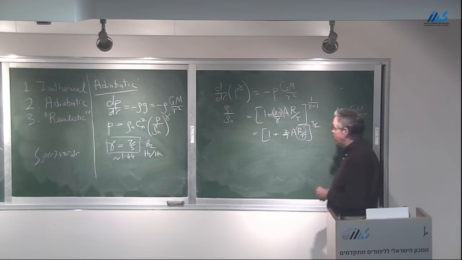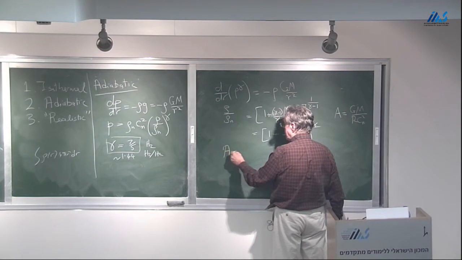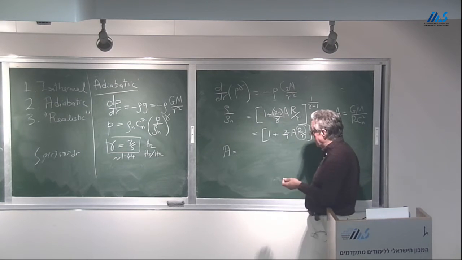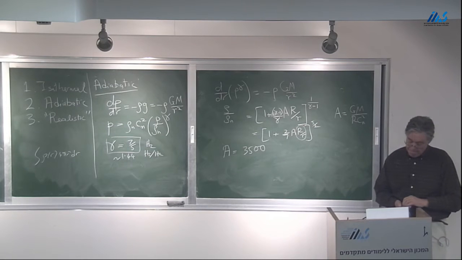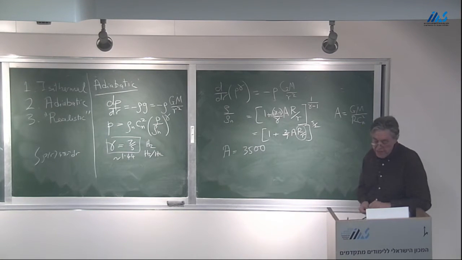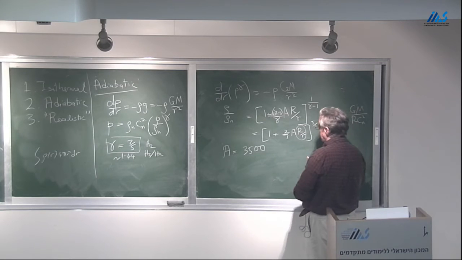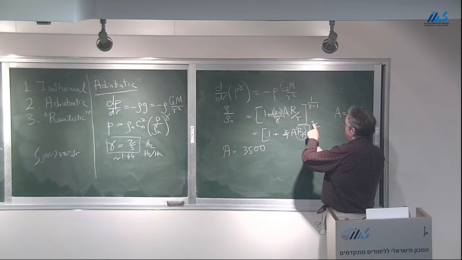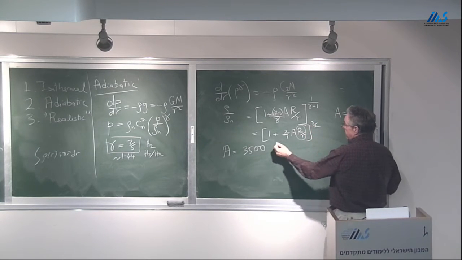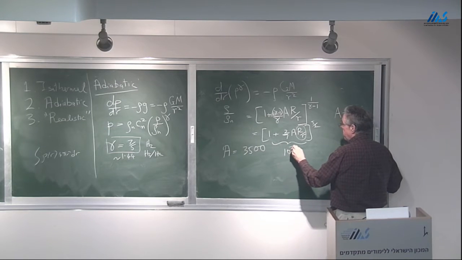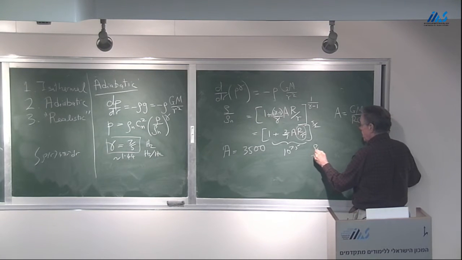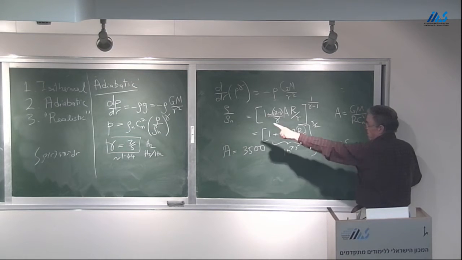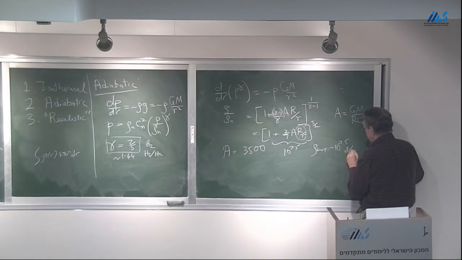Let me give you an example. It's not going to be obvious why I chose this, but you'll see how it works out. Suppose I were to choose A equals 3,500. Then this thing in the brackets is basically 10 to the power 3, and so this becomes about 10 to the power of 7.5. And then you're in the ballpark, then you have a density at the surface that's about 10 to the minus 2.5 for the 10 to the minus 10 I used previously.